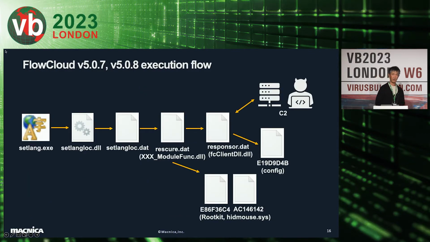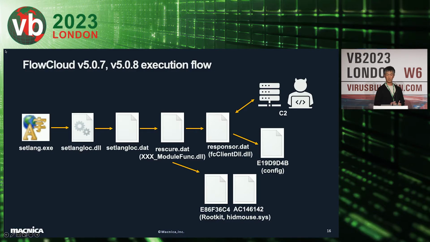From here, I'm going to explain the execution flow. This slide shows the version 5.0.7 and version 5.0.8 execution flow. Once installation is completed and the related files are deployed on the compromised devices, a service is created to run the setrun.exe, which is a legitimate exe of Microsoft Word 2003.